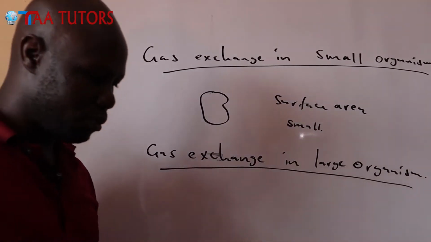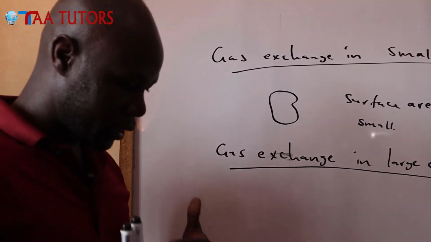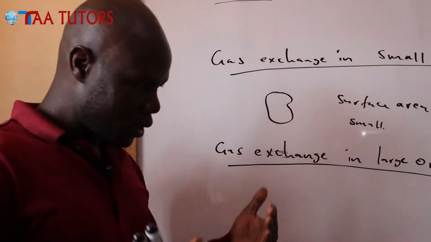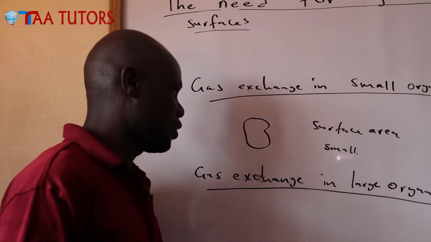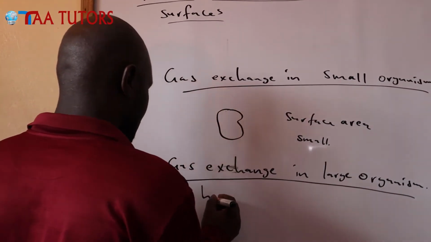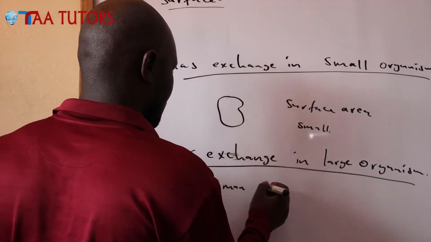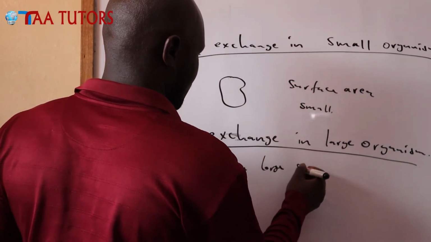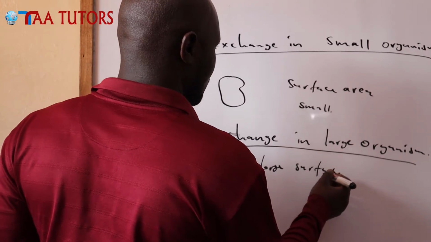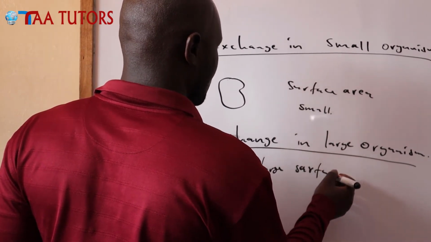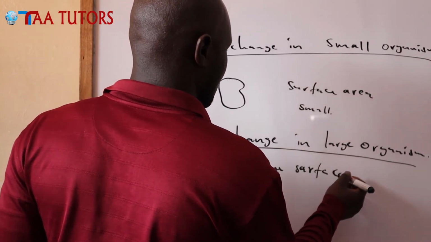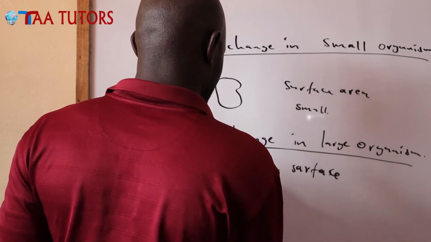Now if you look at the human being, in terms of the surface area that we have, we look like we are large in size. So human beings are large in size. So this means that we have got a large surface area. But in terms of exposure to the surrounding, what is the proportion that we are exposing to the surrounding? It is a smaller proportion.